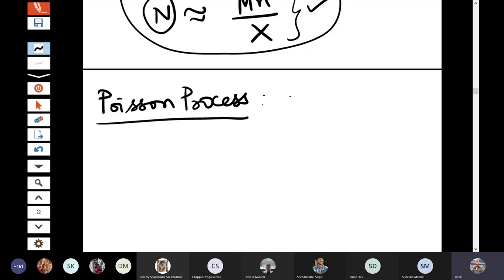For example, when I start the class at 8 o'clock, I usually switch on this MS Teams meet at 7:30. So when is the time when the first student will join? What is the probability that the first person will join at 7:50?